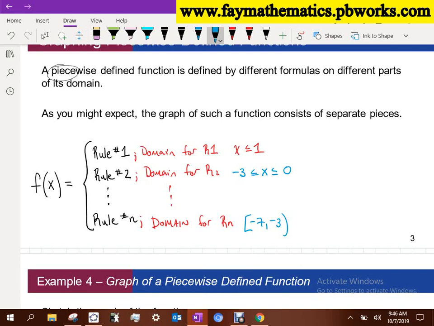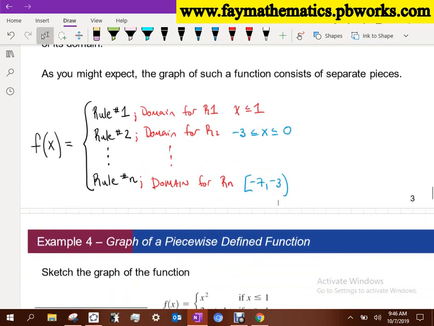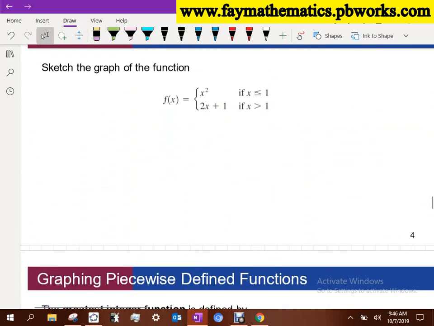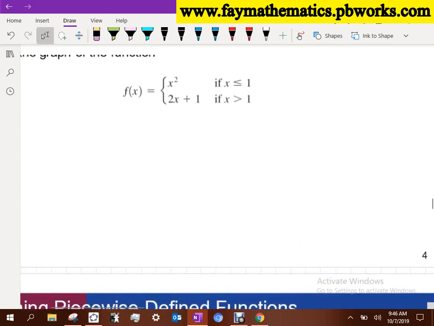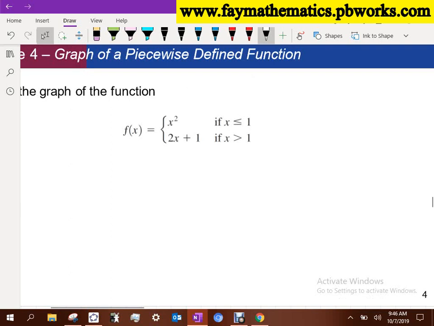Okay? So the first one I want to do here is very simple in regards to its structure and in regards to the rules. Different authors have different kind of preferences.